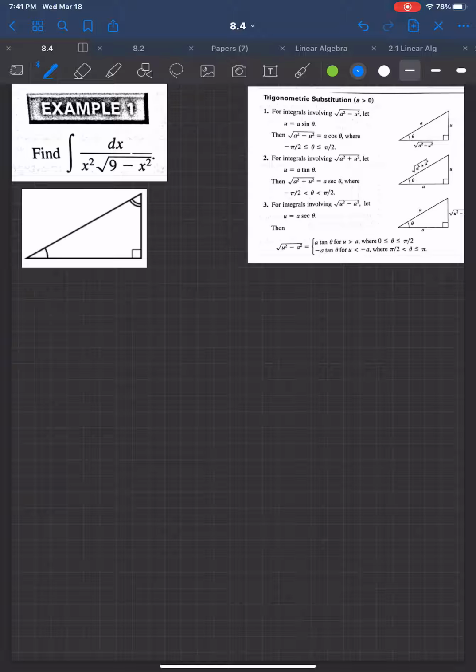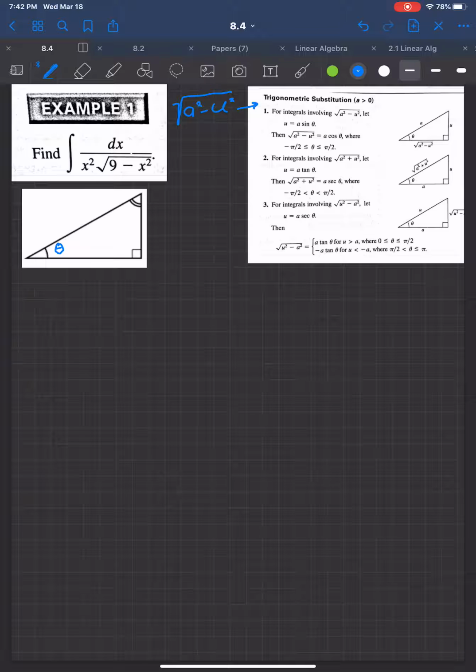Now, let's take a look at what's under the radical in example 1. We have 9 minus x squared, right? So that takes on the form of the square root of a squared minus u squared. In other words, this is a problem where we're going to use sine. So let me label.